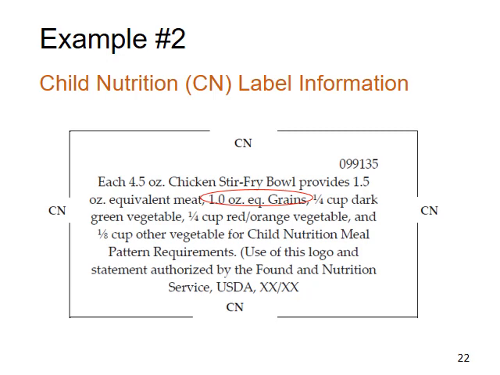The term ounce equivalent grains on the CN label indicates the product meets the whole grain rich criteria. If the term bread or bread alternate is shown on the CN label, that indicates how the item contributes towards the grain credit, but tells you the item may or may not be whole grain rich. Be sure to check the ingredient label.